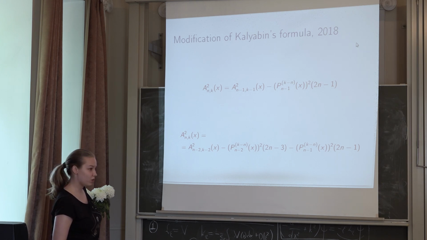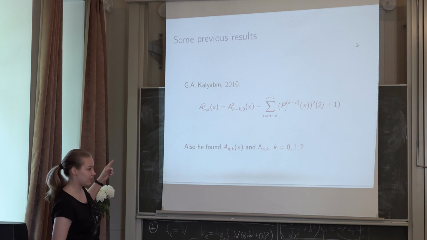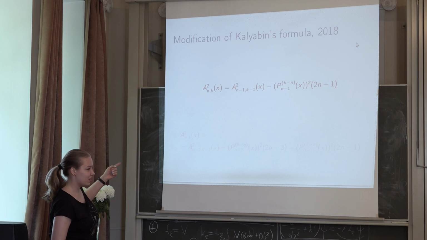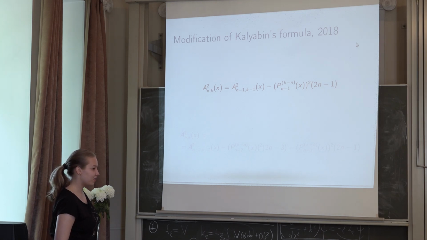This is the Karabin relation. Karabin has this formula, and we modify it to this recurrence. And why do you have an exact relation between this A_{n,k} and A_{n-1,k-1}? Why is there such a beautiful relation here?